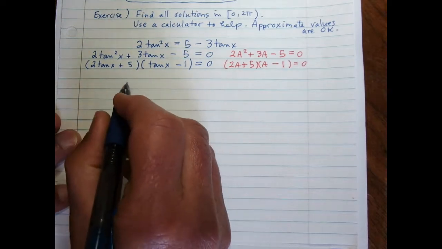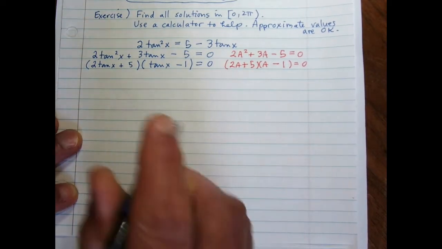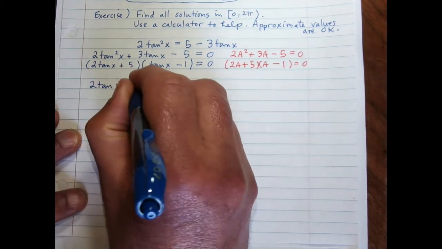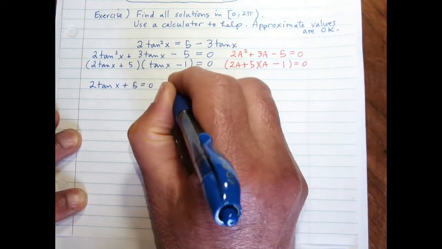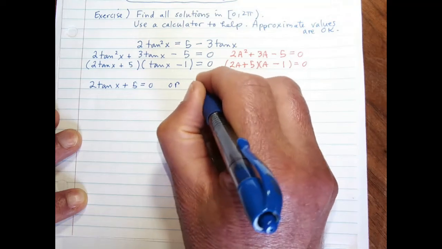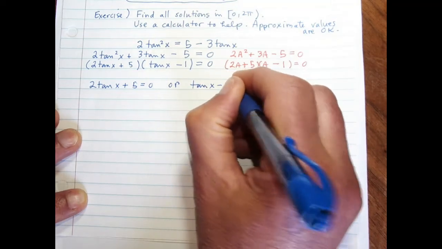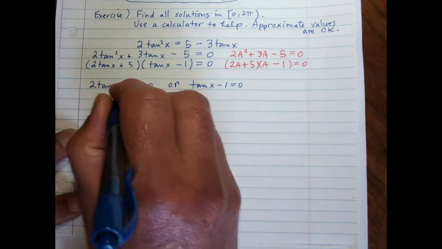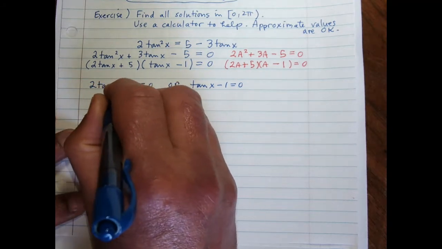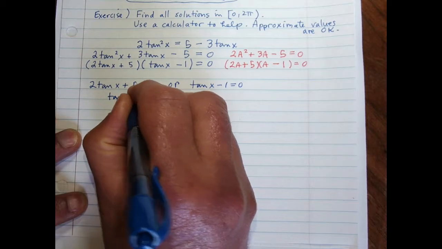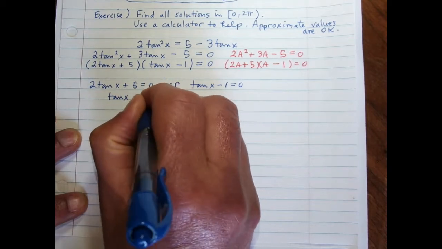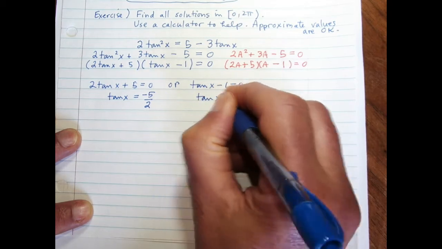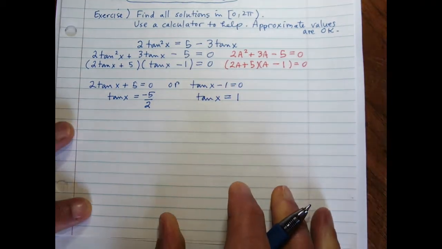And so we're going to split into 2 equations. 2 tan x plus 5 equals 0, or tan x minus 1 equals 0. Now I'm going to isolate the tangent in each case. So tan x equals negative 5 halves, or tan x equals 1.